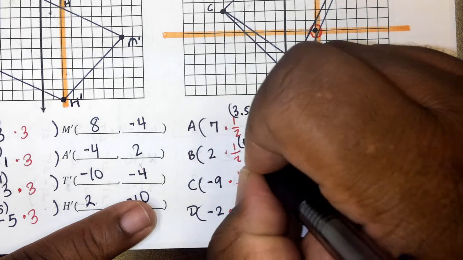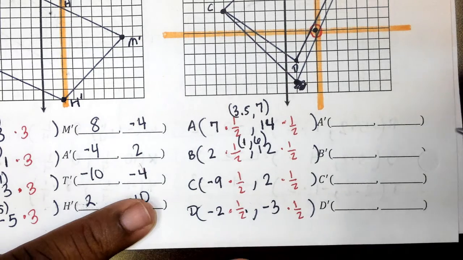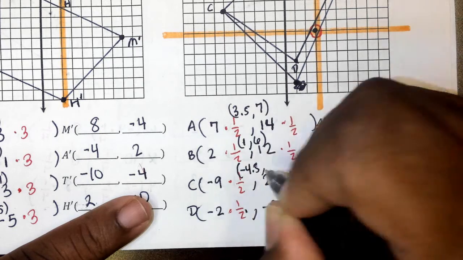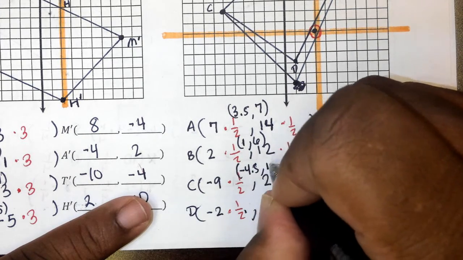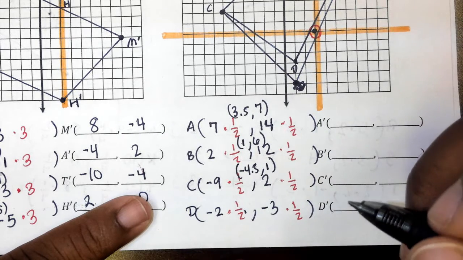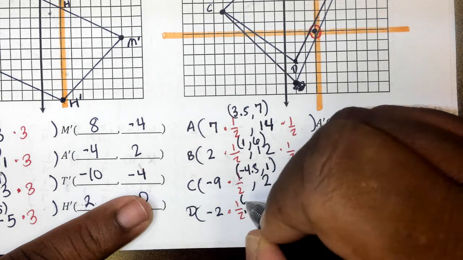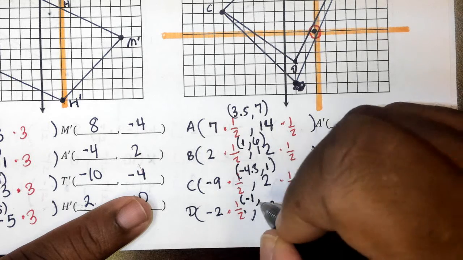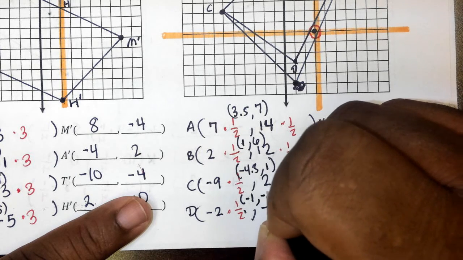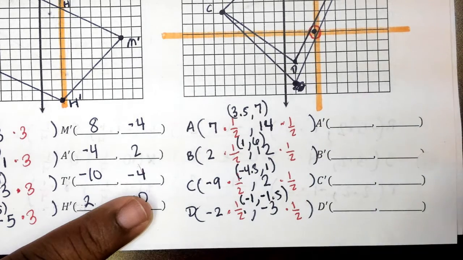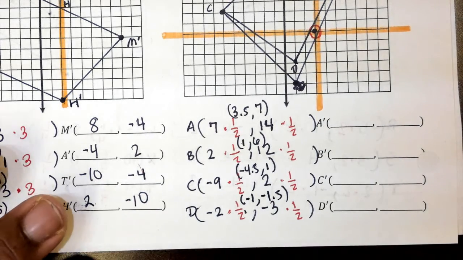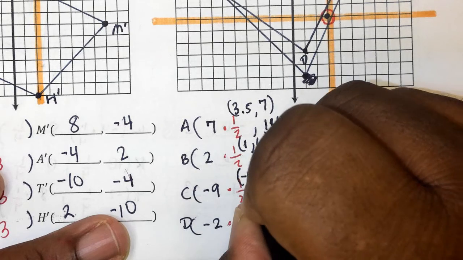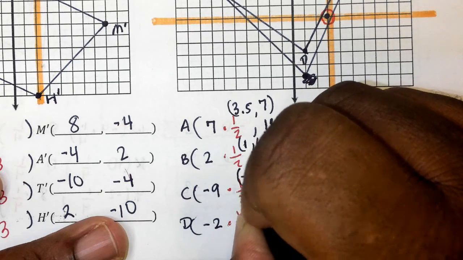And then 12, 6. 9 times 1/2, 4.5, or -9, so -4.5. 2 times 1/2 is 1. Then the last one, -2 times 1/2, -1. And then -3 times 1/2, -1.5. Sorry I'm writing those so small. I just don't want to put them anywhere else.